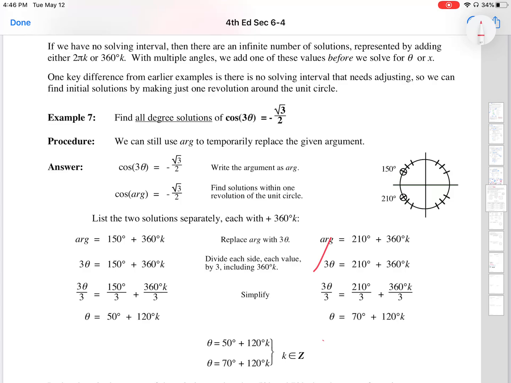If we have no solving interval, then there are infinite number of solutions represented by adding either 2 pi k or 360k. With multiple angles, we add these values before we solve for theta or x. One key difference from early examples is there is no solving interval that needs adjusting. You can just find initial solutions by making just one revolution around the unit circle.